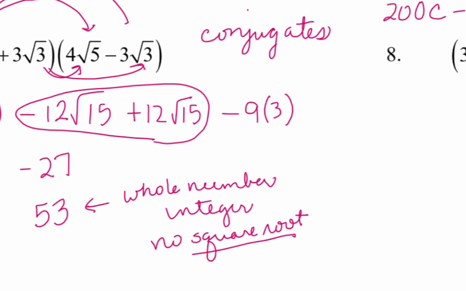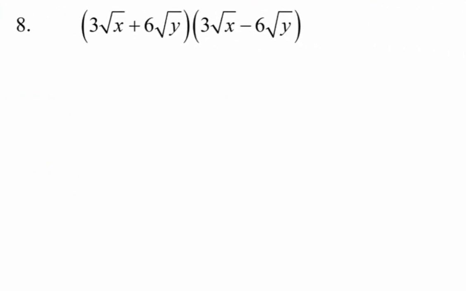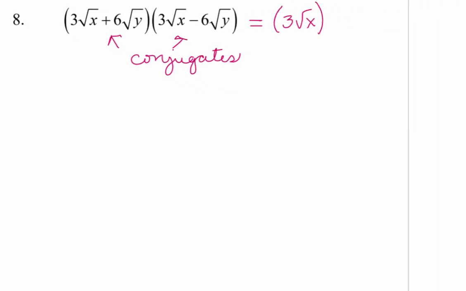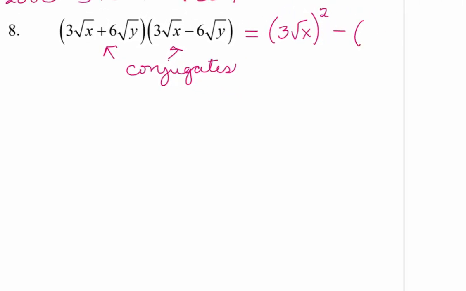Okay, look at number 8. Did you notice that these are conjugates too? These are conjugates. That means I'm going to have no middle term, right? The outsides and the insides are going to cancel, right? So that means I know that this is the same as 3 square root of x squared minus 6 square root of y squared.